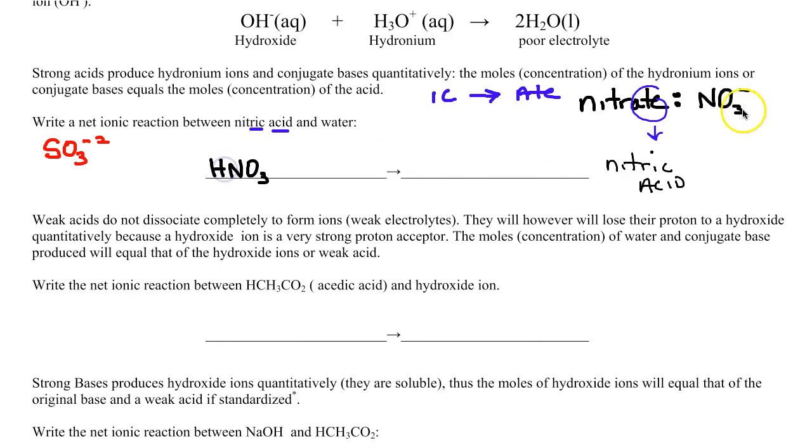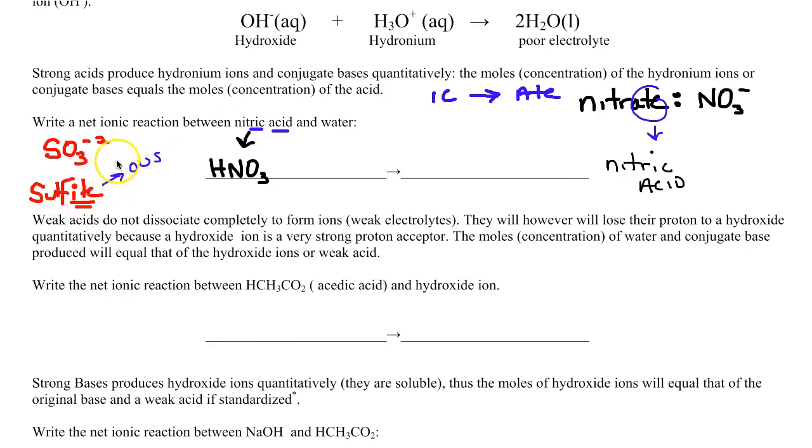Why 1 H? Because it's minus 1, so you need 1 H. Okay, so there's your nitric acid. Now, if I'm going back to over here, if I have the sulfite ion, now ite is not ate. And we learn that ite becomes ous.